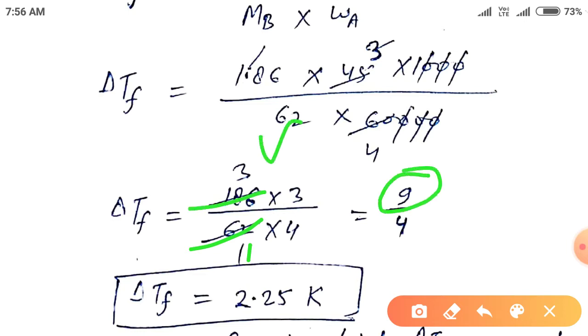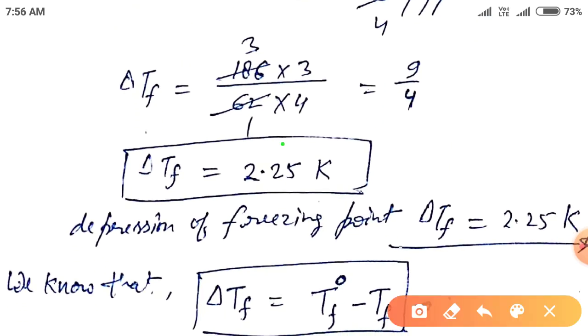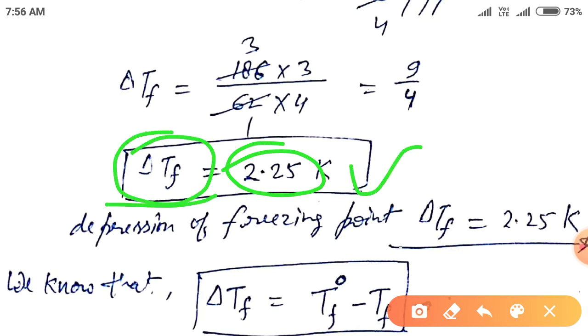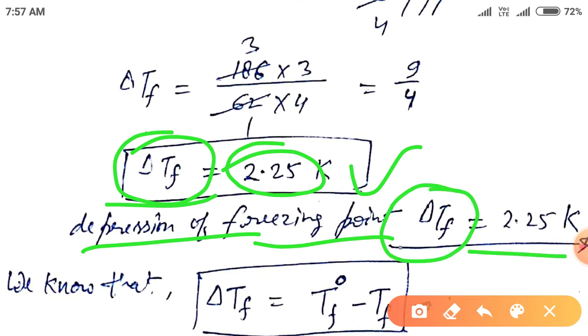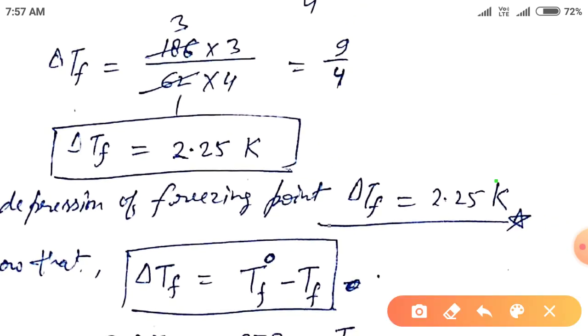We are left with 3 3s are 9 divided by 4. When we divide 9 by 4, we get 2.25 Kelvin. This is the delta TF, depression of freezing point, 2.25 Kelvin. This is the answer of part 1.